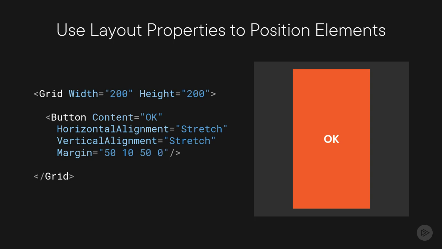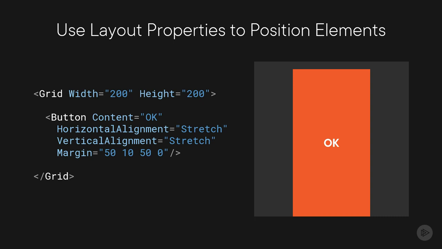You can also specify four values for the margin property in the order left, top, right, bottom. So here I've specified 0 at the end for the margin at the bottom, which means there won't be a margin on the bottom side of the button.